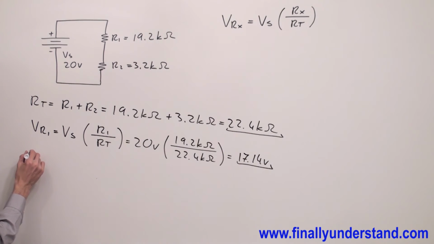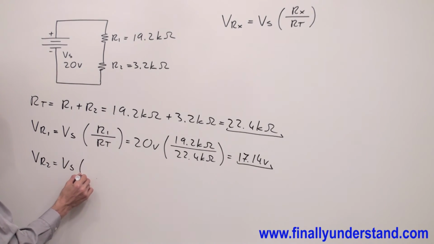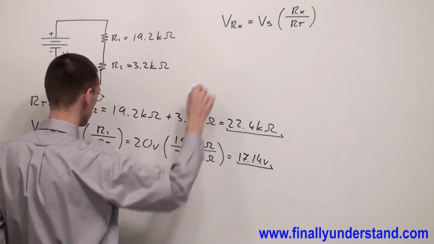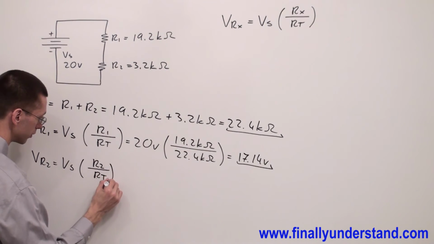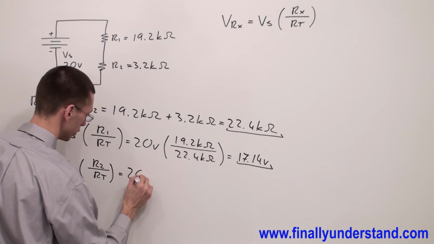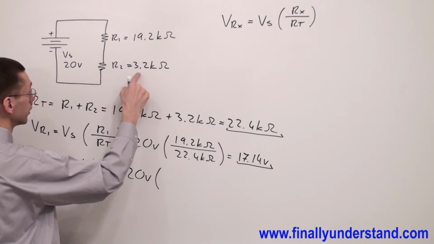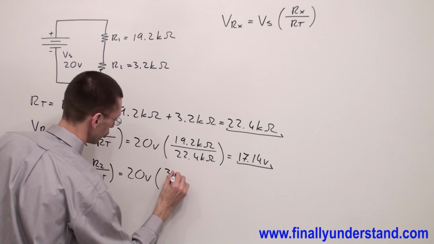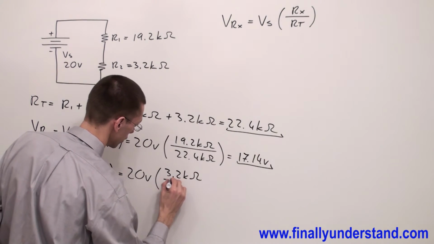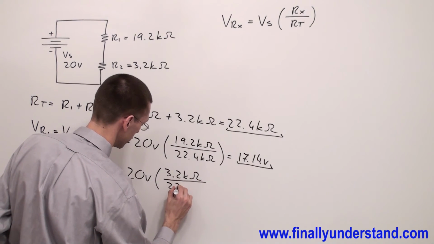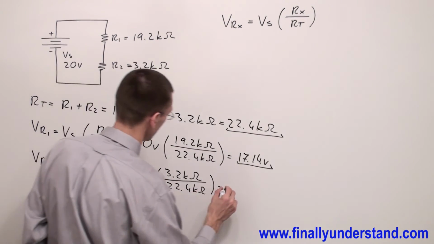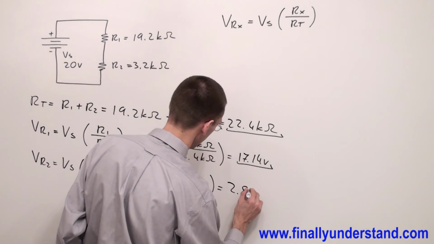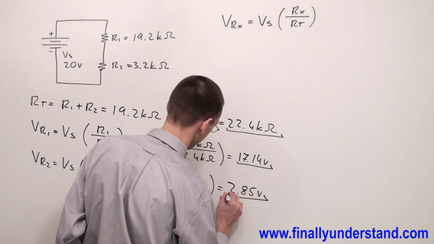Next, we can find the voltage across resistor R2. V_R2 is equal to the voltage source, and in this case, instead of Rx, I'm supposed to write R2, over R total, which is equal to 20 volts times R2, which is 3.2 kilohms, over 22.4 kilohms, which is equal to 2.85 volts.